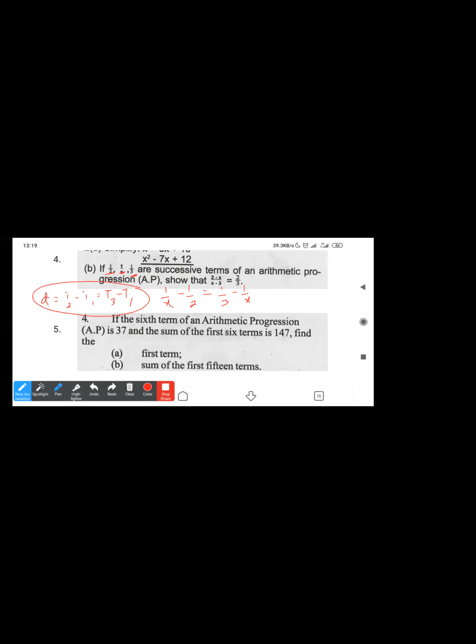The LCM here is 2x, and the LCM here is 3x. So if you bring the one here together, you have 2 minus x over 2x. The other one, you have x minus 3 over 3x. Is that clear?